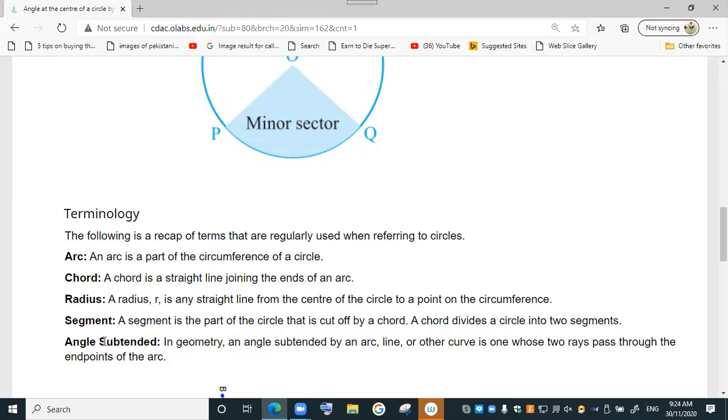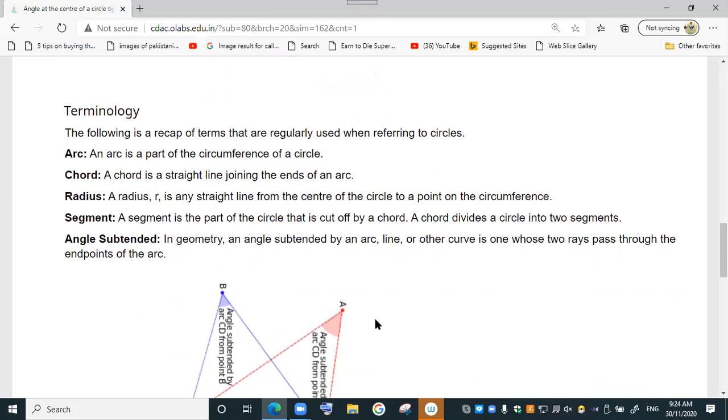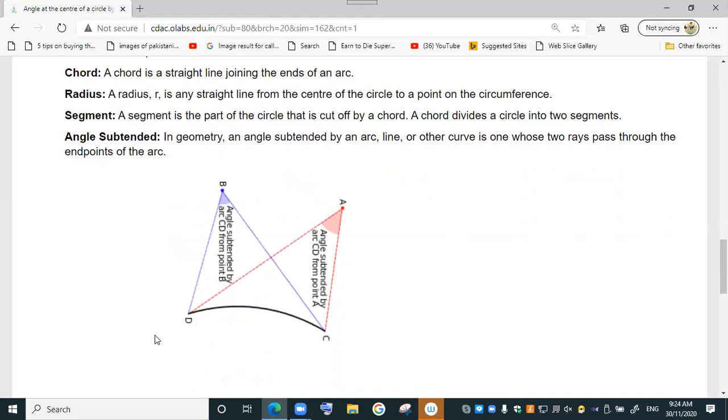When we draw the chord, it divides the circle into two parts that are called segments. An angle subtended by an arc, line, or other curve is one whose two rays pass through the ends of the arc.